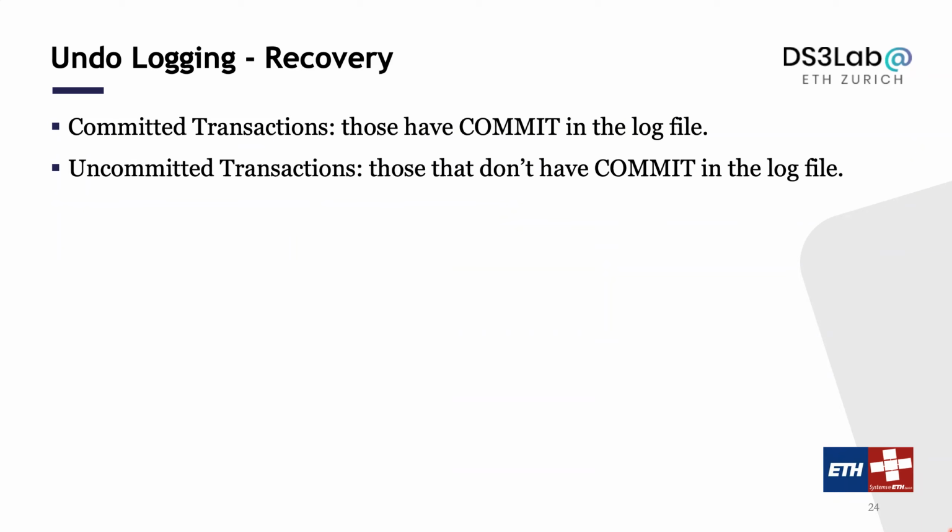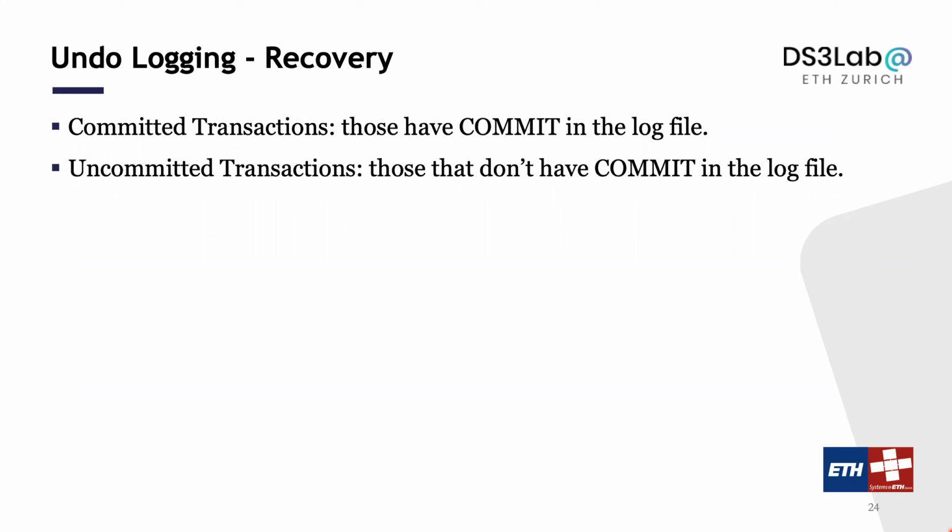If you see there's a transaction without the commit record, it means that maybe all the changes are already there, but maybe not, right? So we call those uncommitted transactions.